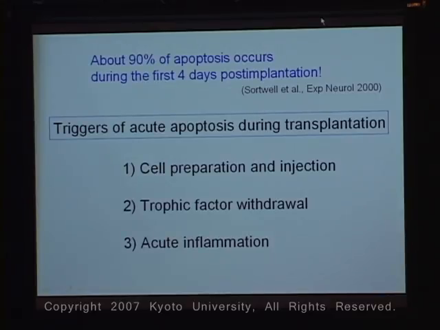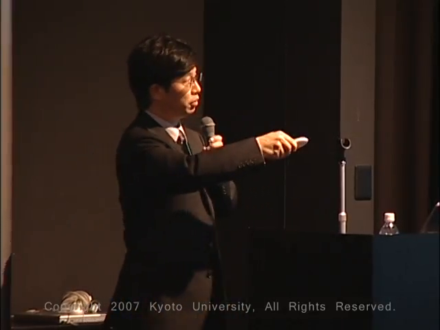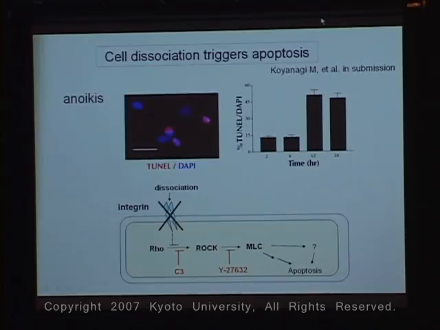The triggers of this acute apoptosis during transplantation are suggested to be direct damage during cell preparation and injection, trophic factor withdrawal, and acute inflammation. Actually, cell dissociation itself triggers apoptosis, which has the special name anoikis.